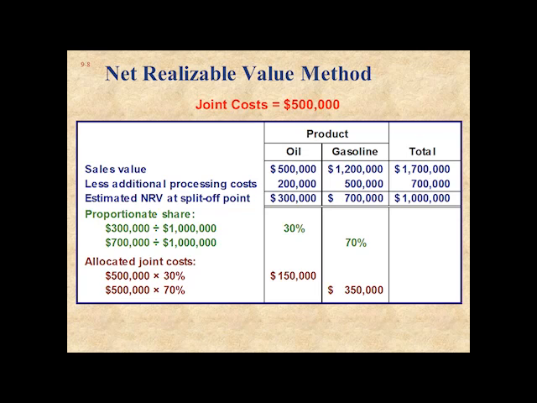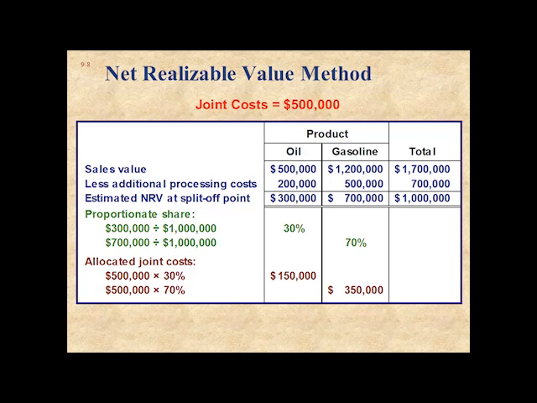The sales value of the gasoline is $1.2 million. You subtract the additional processing cost, and you get $700,000. So in this particular case, 30% of the joint cost will go to oil, 70% would go to the gasoline.